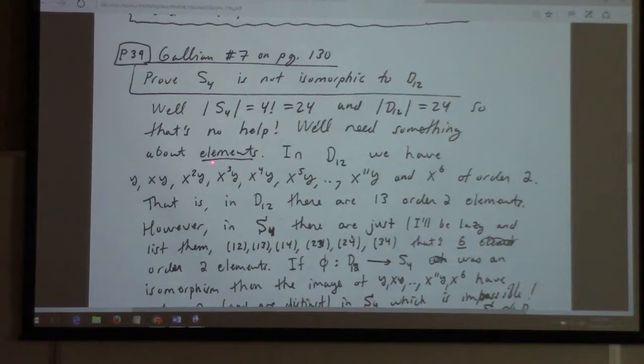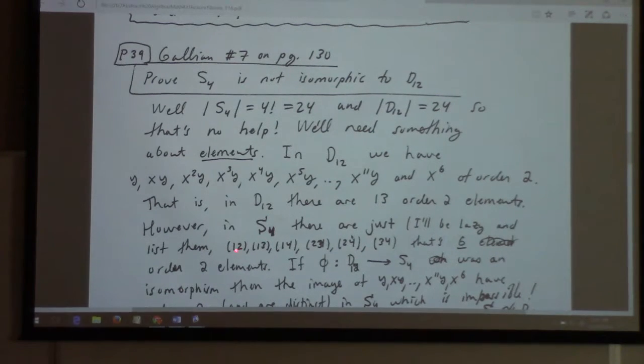Then I start looking at the order of elements, and that works because in D12, from our study of dihedral groups, all of the reflections have order 2. We also know that the rotation by 180 degrees has order 2, which is x to the 6th. So there are 13 elements of order 2.